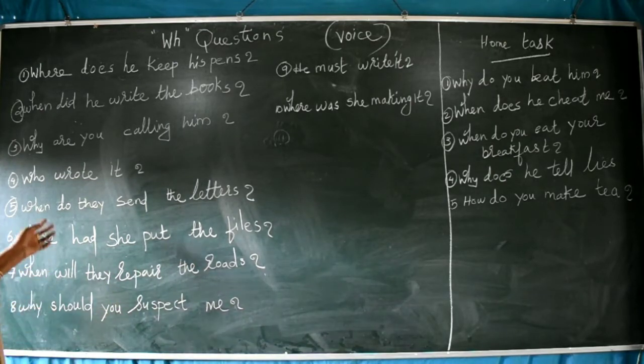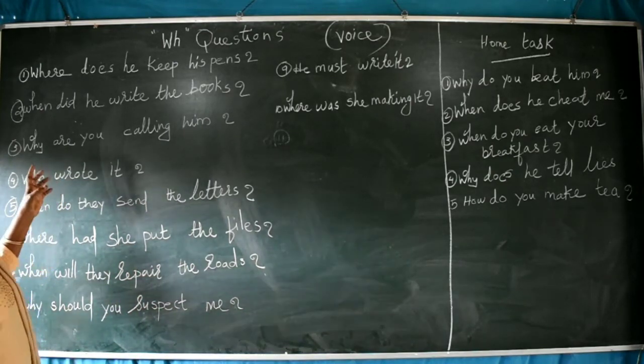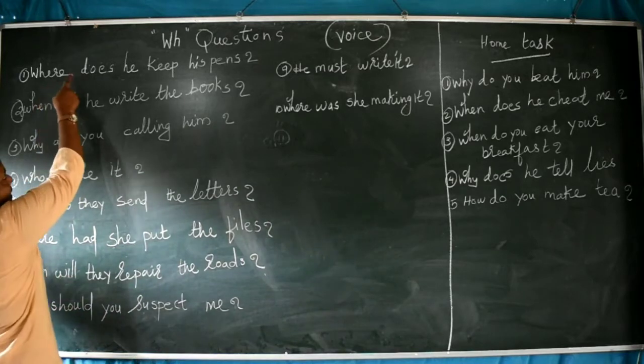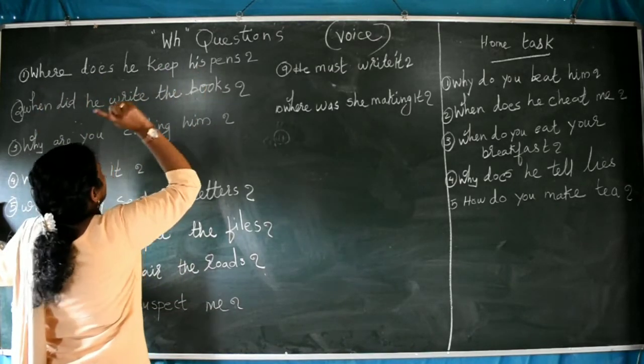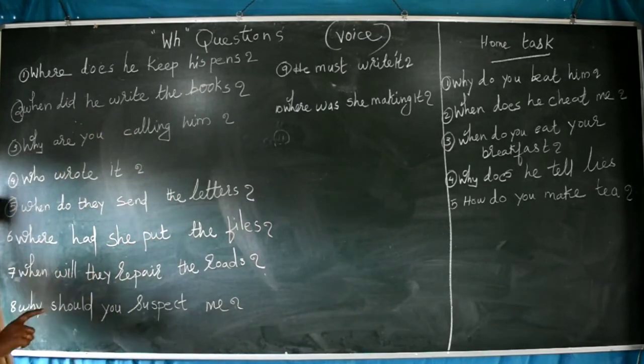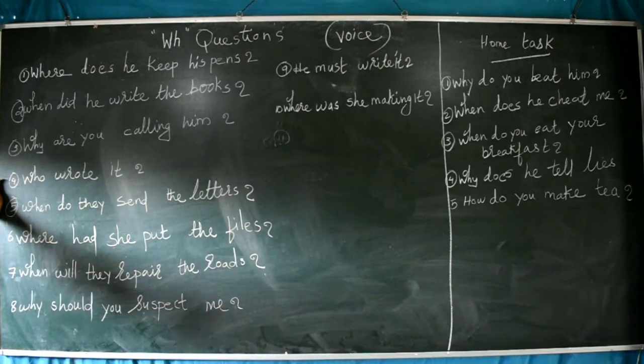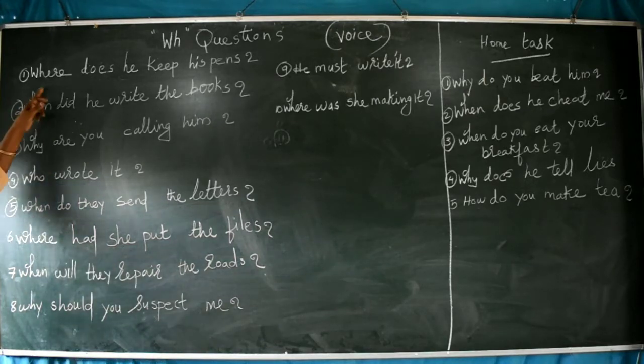So the first question written on the blackboard is, where does he keep his pens? Children, the same rules from the earlier videos will be applied here, but with only a slight difference. Listen here.